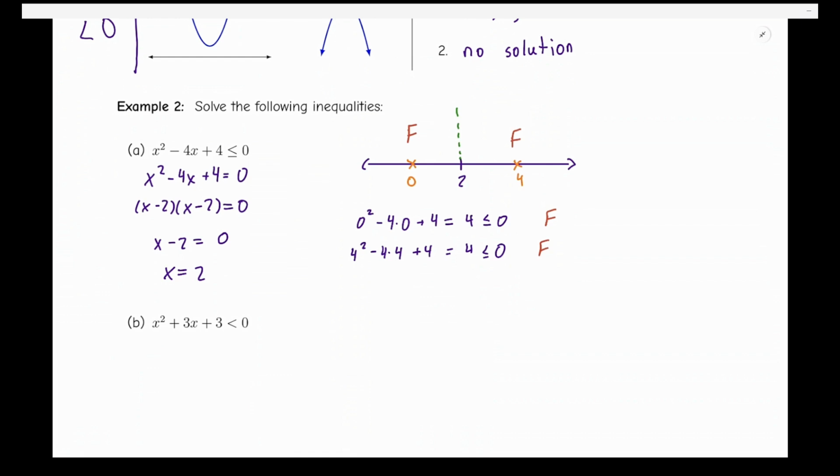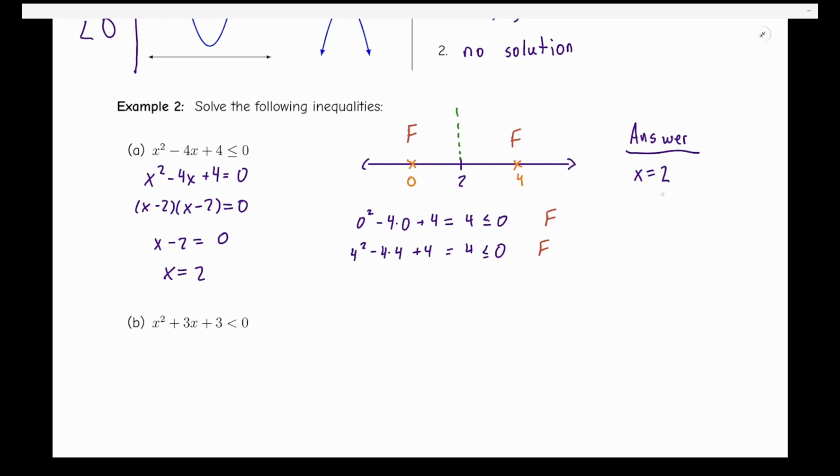So notice how both intervals are false. So the only possible solution is at 2. So our answer would be x equals 2 if there's an equal to part here. Well, thankfully there is an equal to part there.